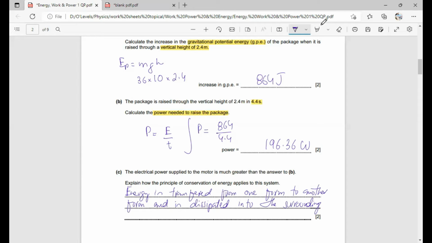So can you just write that energy is lost due to resistance, dissipated into the surroundings in the form of heat due to friction and sound.